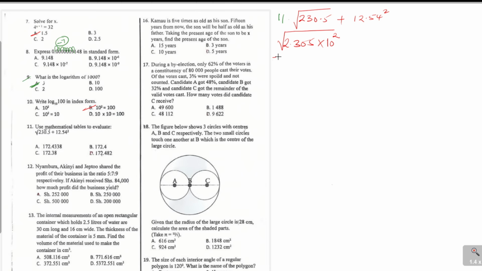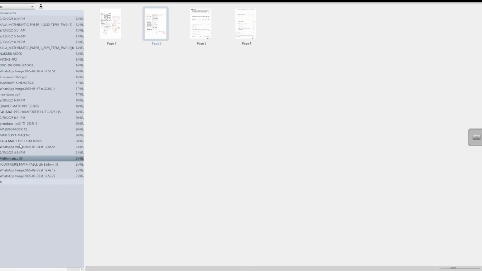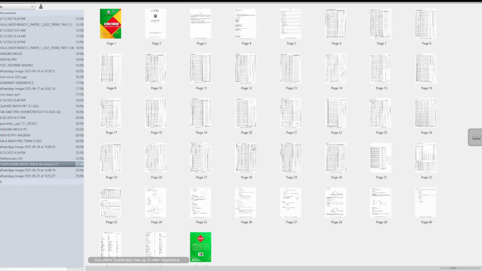From the tables, we get the square root of 2.305. So we go to the tables of square roots.